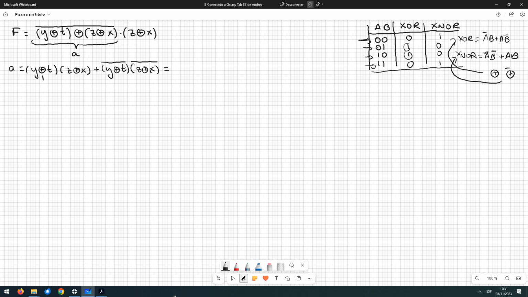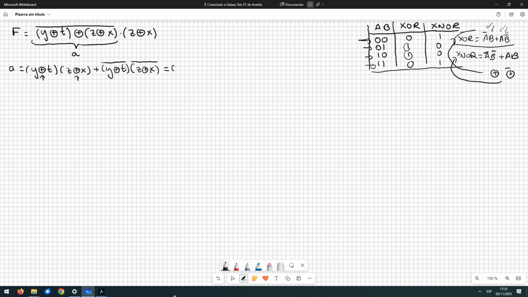So we can proceed with the function. Here we have XOR, so we can use this expression, that is the first variable negated and the second not negated, plus the first not negated and the second negated. So we do that.